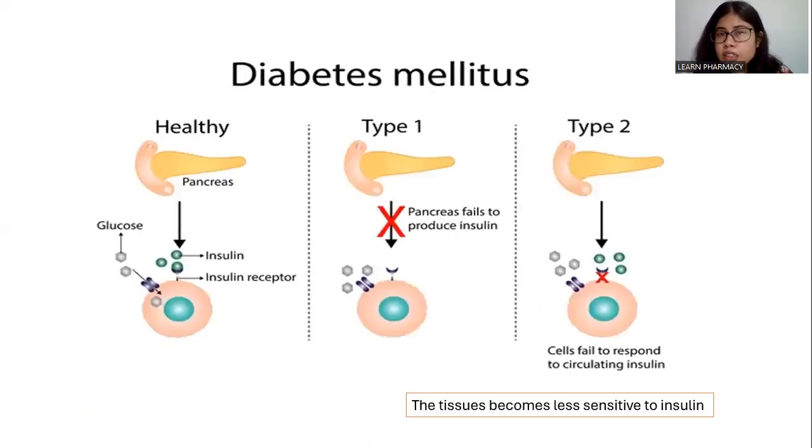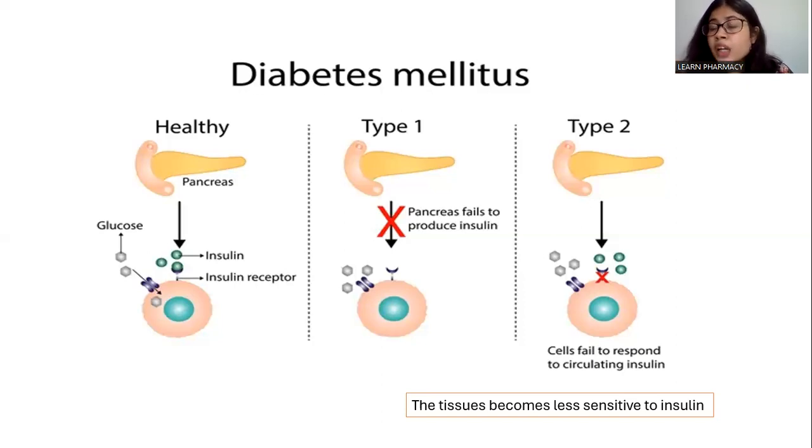This is the difference between type 1 and type 2 diabetes. In type 1 diabetes, your pancreas is not able to produce insulin. But in type 2 diabetes, your receptor cells fail to respond to circulating insulin, and that glucose is not going inside your cells.